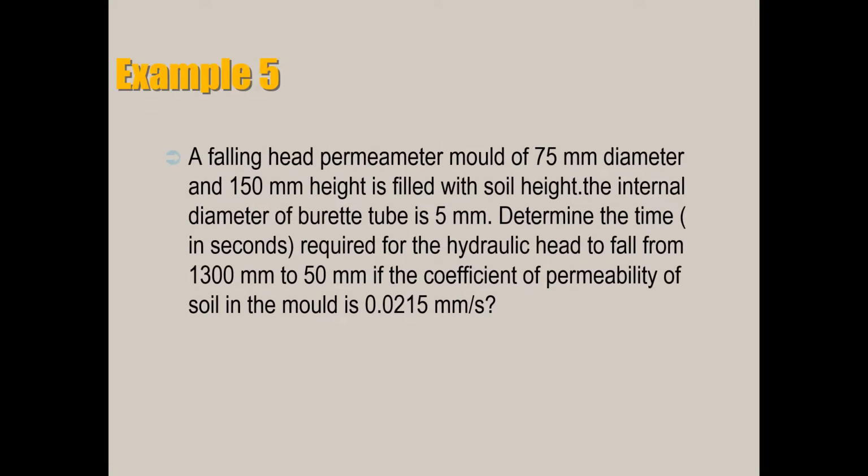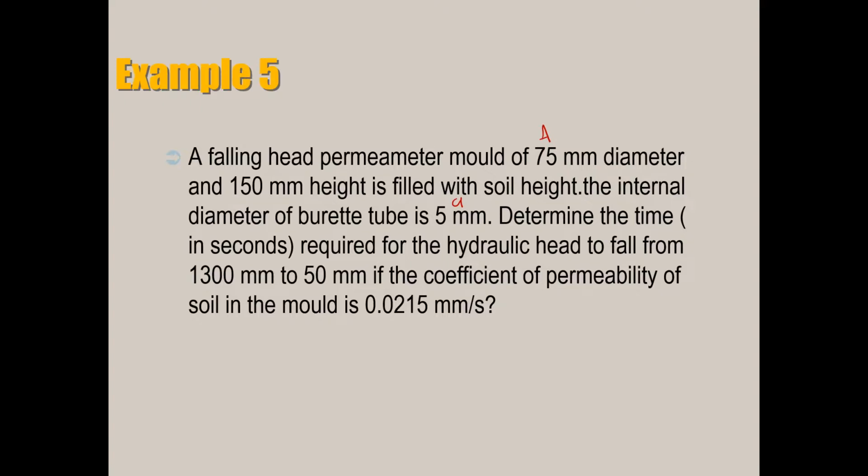Example number 5. Based on the falling head permeameter, a mold of 75 mm diameter and 150 mm height is filled with soil. The internal diameter of the burette is 5 mm, so you have to find the cross-section area for this one and also for the soil column and the standpipe.